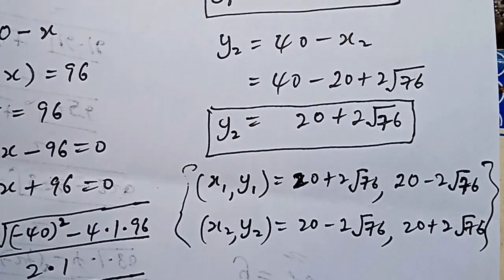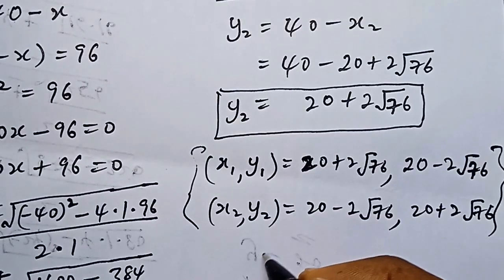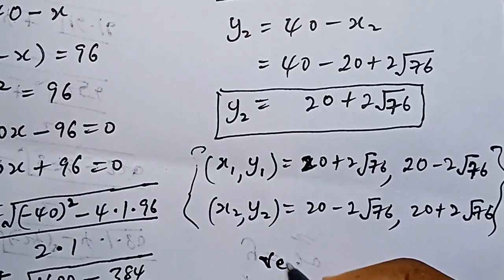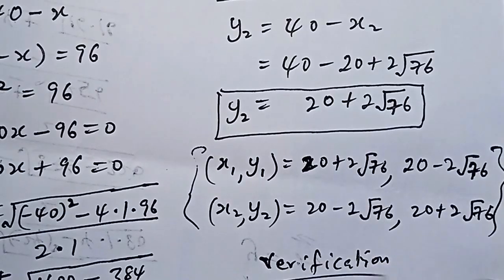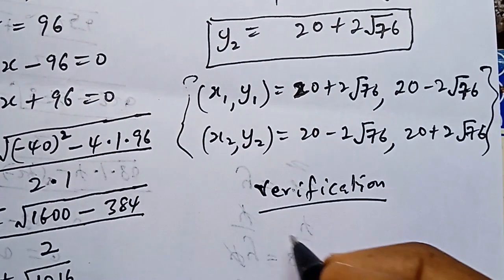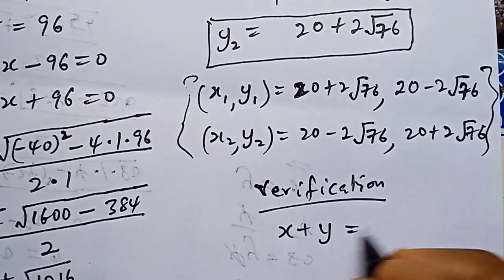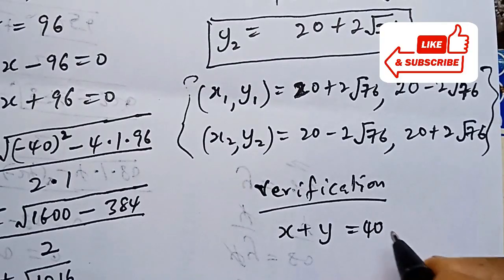Okay, to verify the correctness of our equation, we have verification. That gives us x plus y equals 40.